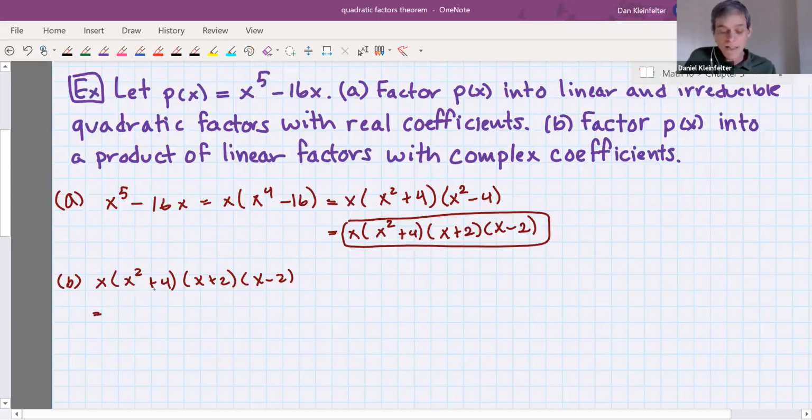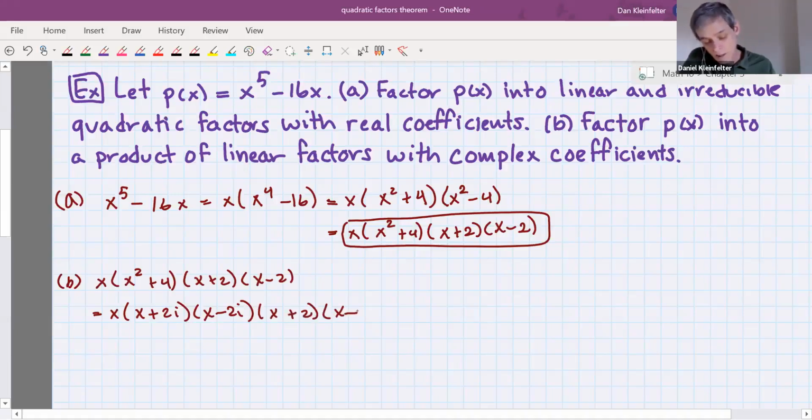So the only other piece that's factoring is this x squared plus 4. So that will factor as x plus 2i, x minus 2i. Okay, remember when you're factoring, you can always double check by multiplying. If you're not sure on that, go ahead and multiply out that product of binomials and you'll see that we get what we want. Okay, so that does it.